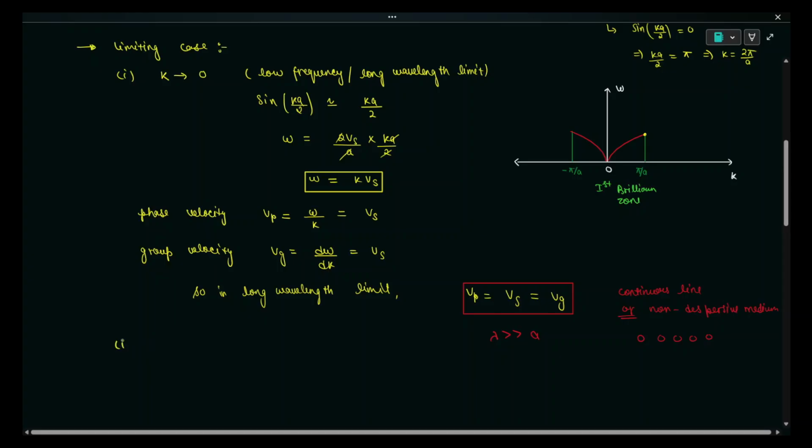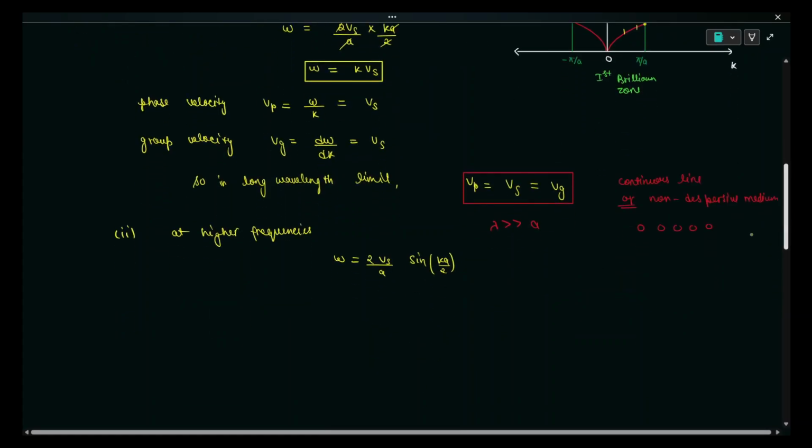Now let's see the behavior of the dispersion relation when this k vector is in the middle range. In that case, at higher frequencies, omega will be equal to 2 Vs divided by a, and then sine ka by 2.